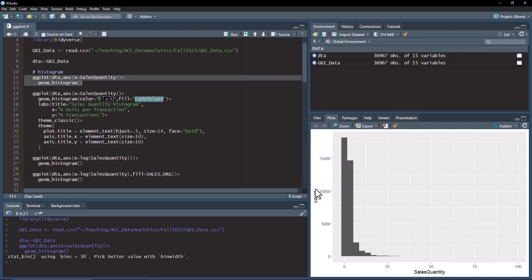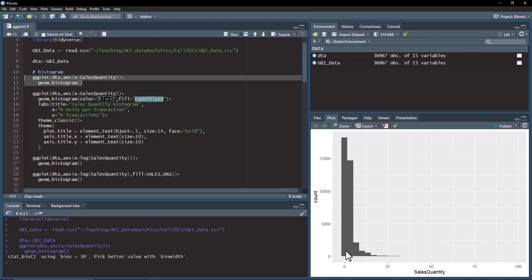So count is the number of observations. Sales quantity is the column sales quantity that tells how many units were purchased on that transaction. And what can we learn from this histogram? Well, there are transactions that it says are at 0, but it's really slightly above 0. So it's low levels of quantities.